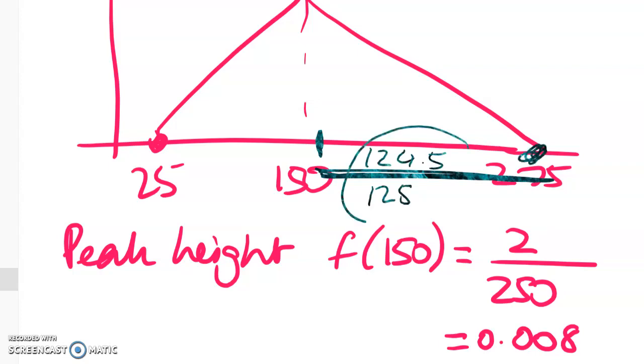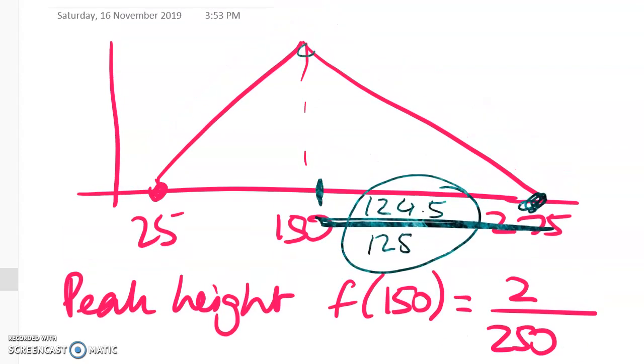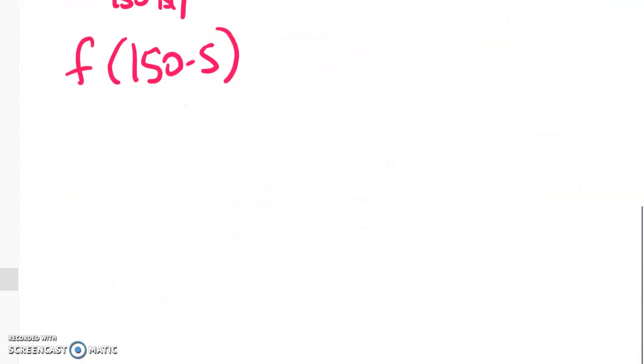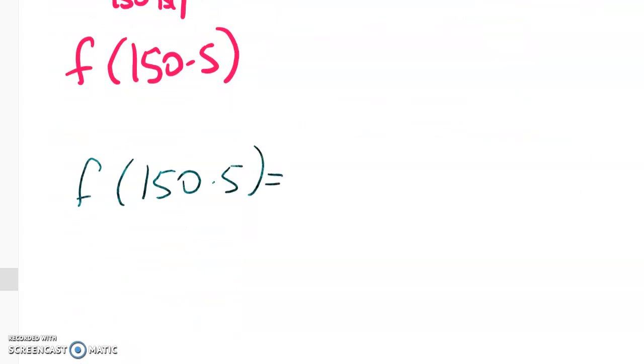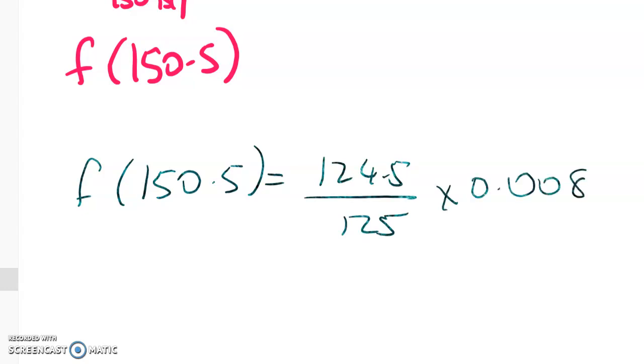So we're going that fraction of the way up to the top. So f at 150.5 works out to be this. Which is very, very close to it, which is showing you that it really makes very little difference if I bother doing a continuity correction.